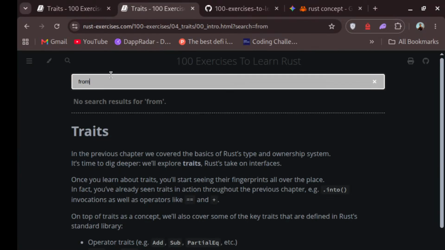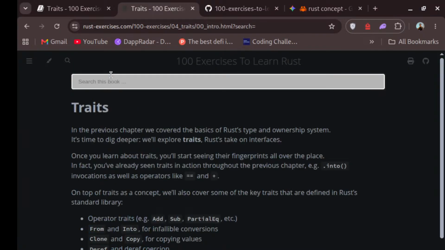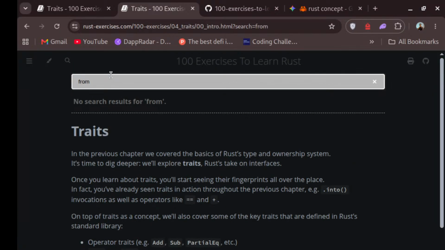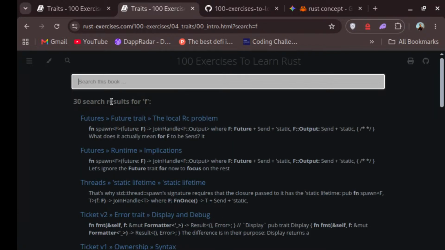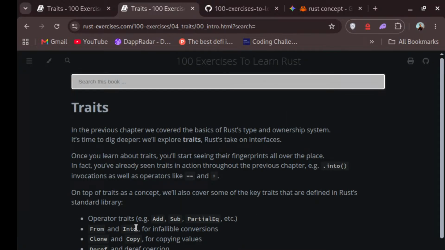If we don't find it in this 100 exercises book, then we will search online. There is no writing or reference about From and Into.